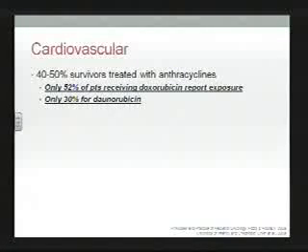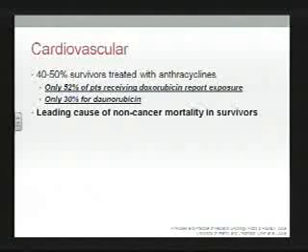Sadly, only 52% of patients treated with dox actually know that, and 30% for dono. So when kids come into our clinic, we review this every single time. As far as non-cancer mortality, cardiac disease is the number one cause. So I really focus on cardiac first when I'm talking about organ toxicity in our late effects clinic.